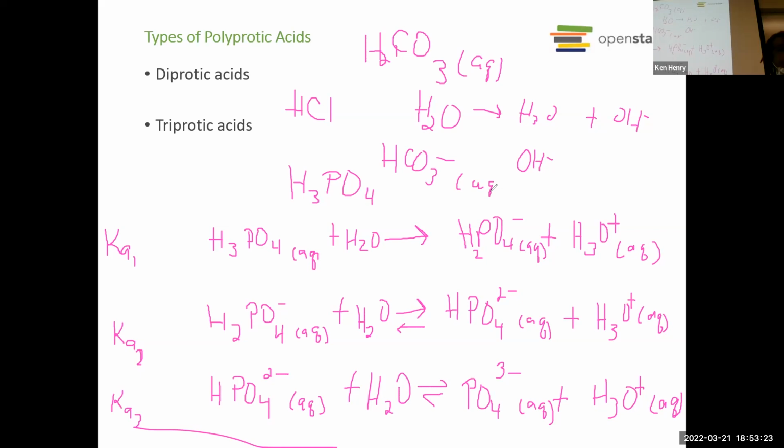No, it's not hydro. Hydro means that it doesn't have oxygen. Like this here is hydrochloric acid. So you would say hydrocarbonic acid.